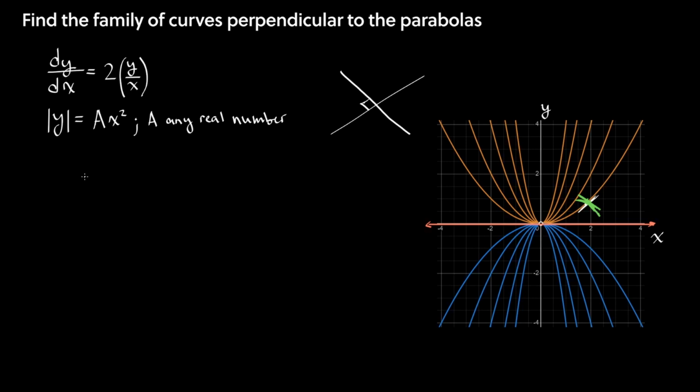We can say that the derivative, dy/dx, the slope of the tangent line at that point, needs to be equal to the opposite reciprocal of the slope of the tangent line at a point along these parabolas, which we found in the last video. We found that that is equal to 2 times y over x. So this is 2 times y over x. And this right here is our separable differential equation.